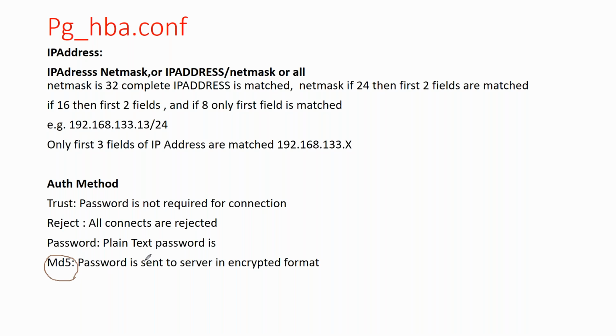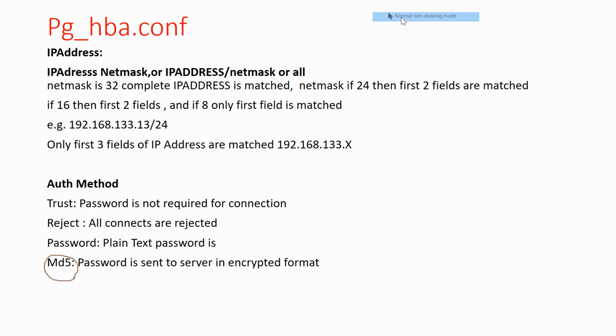With MD5 you specify the password, but on the network, from your client to the server, the password will go in an encrypted format. MD5 is the encryption algorithm which is used by Postgres by default. So this is how your connections are made.